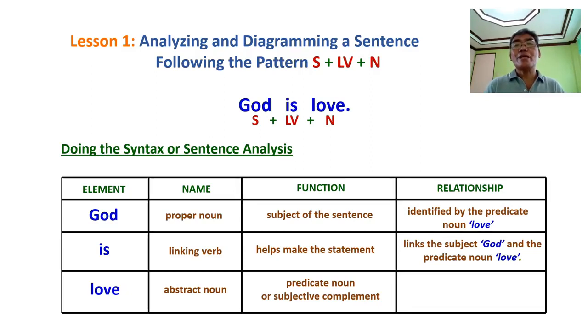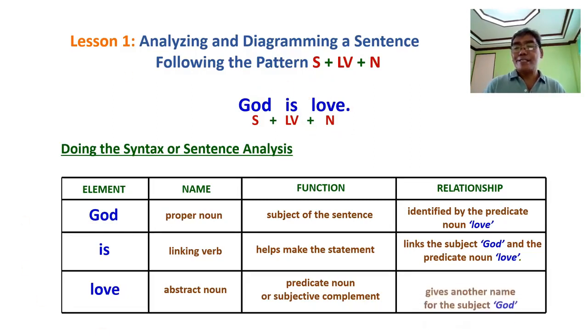So when we say subjective complement, it is a word that completes the meaning of the sentence begun by the subject and verb. Our subject is God and our verb is. The word that completes the meaning of the sentence begun by these two words is the predicate noun love.